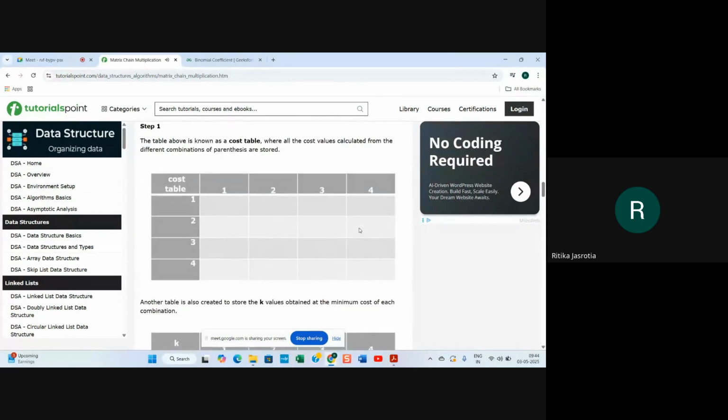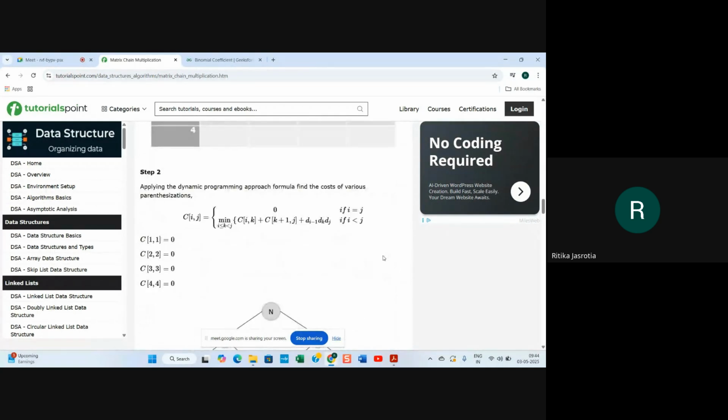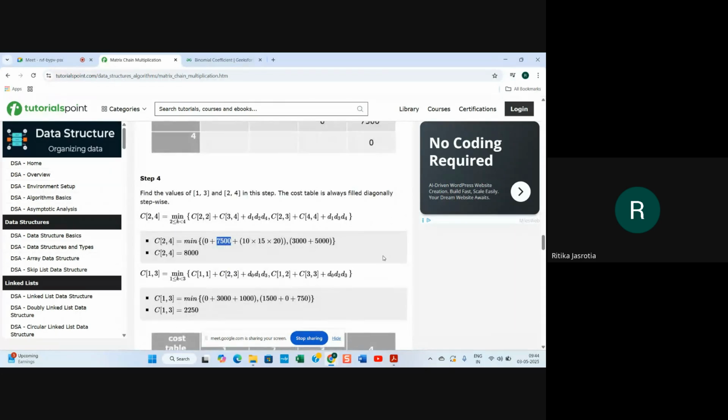D1 is 10, D3 is 20, and D4 is 25, which comes out to be 5,000. So they have calculated your values as 7,500 plus 10 into 15 into 20.